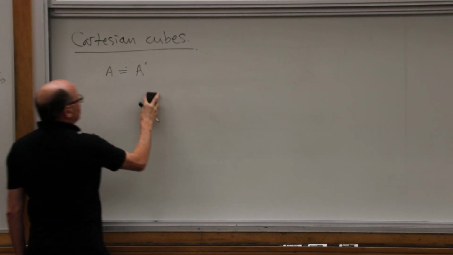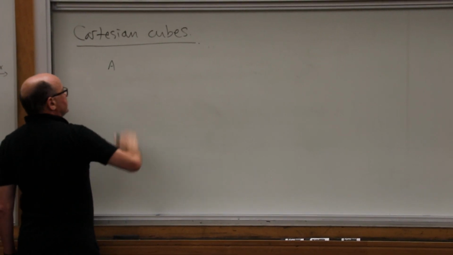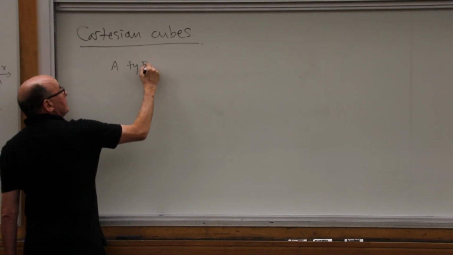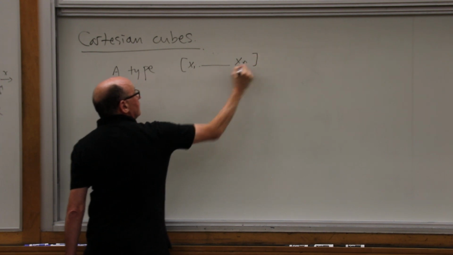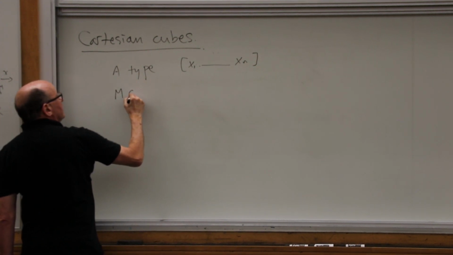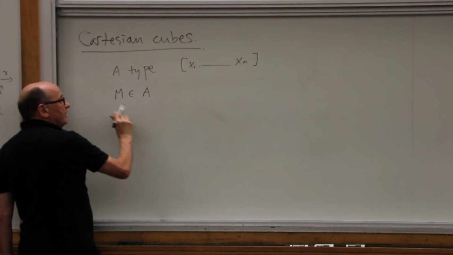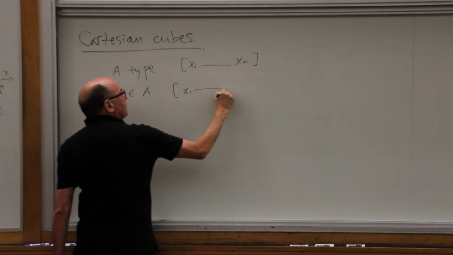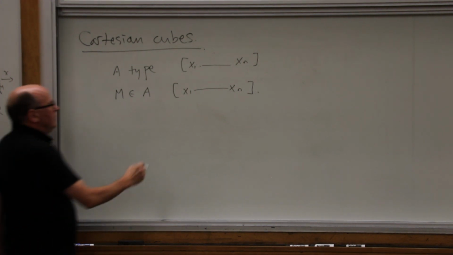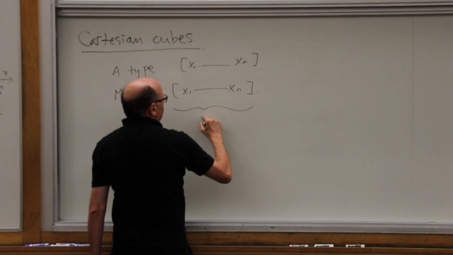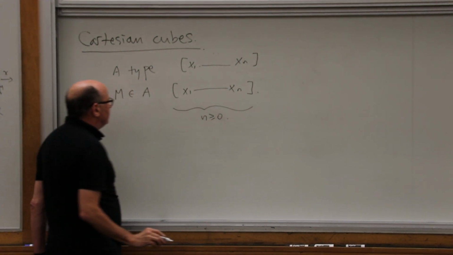Let me suppress that because things are hairy enough as it is. So we have the notion of A as a type in n dimensions, x1 through xn. And we have the notion of an element of A, or really equal elements of A, in n dimensions. Okay, that's the basic setup, where n is bigger or equal to 0.